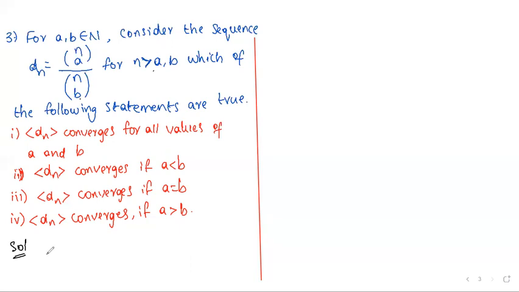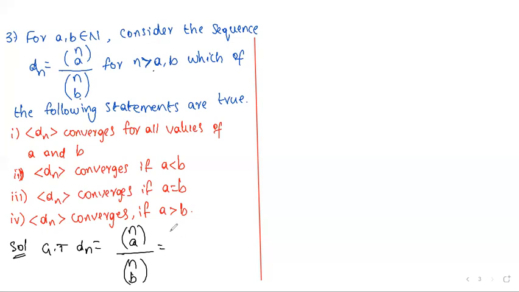First of all, let us write the given sequence. Given that the sequence d_n is nCa upon nCb.